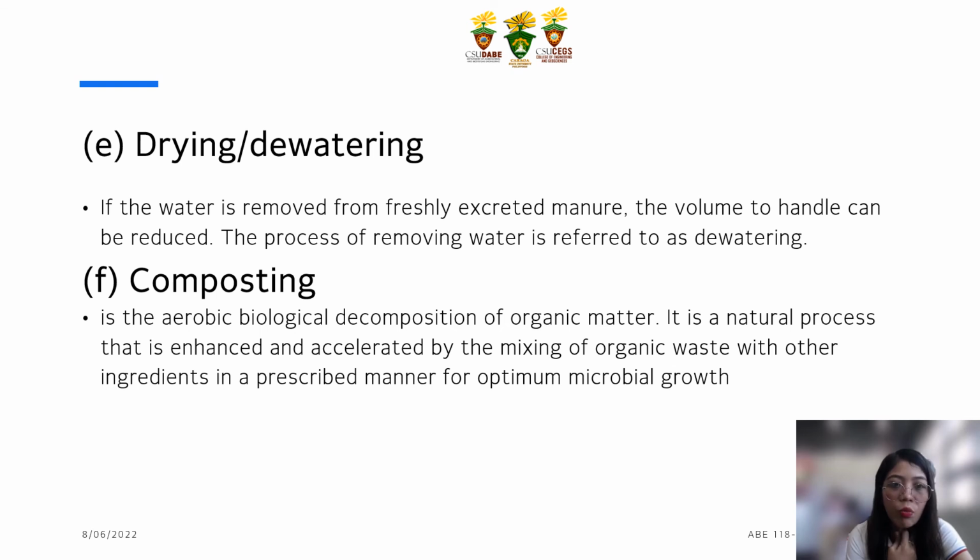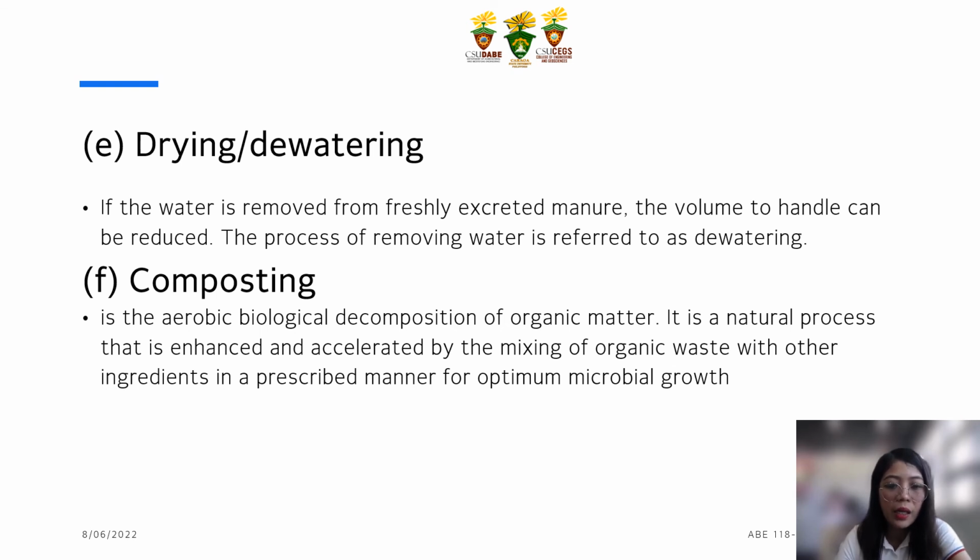In addition, composting reduces the bulk of organic materials to be spread, improves its handling properties, reduces odor, fly, and other vector problems, and can destroy weed seeds and pathogens.